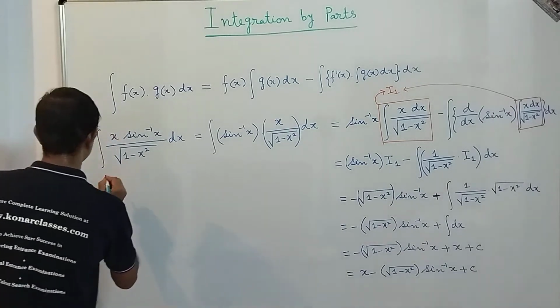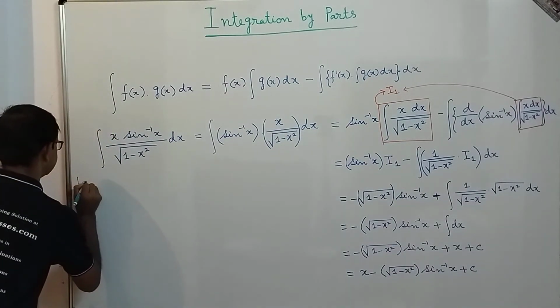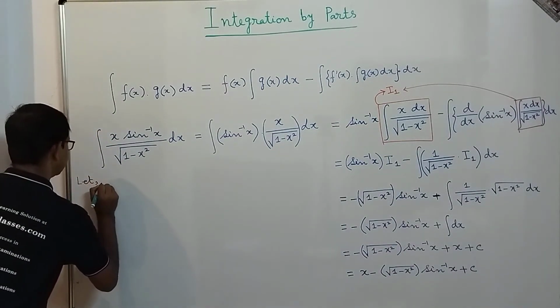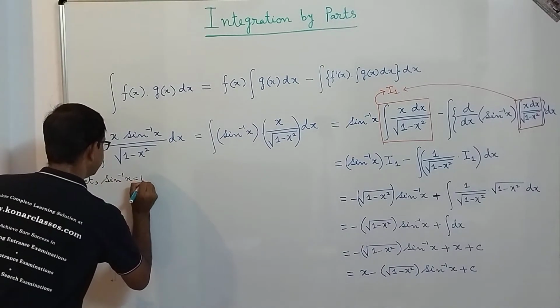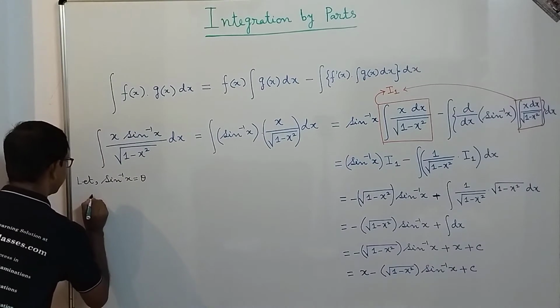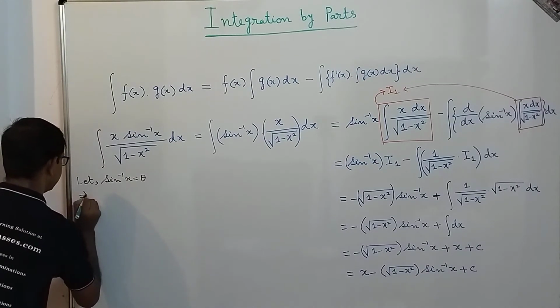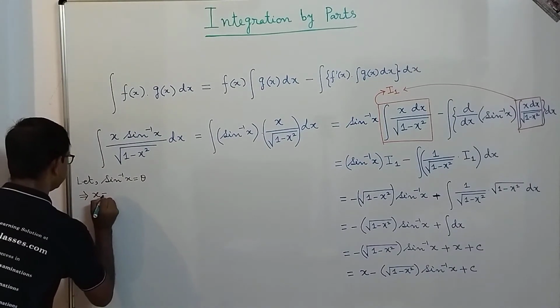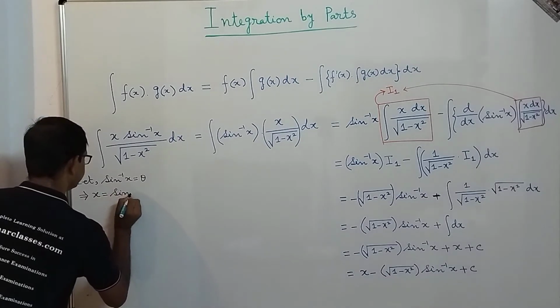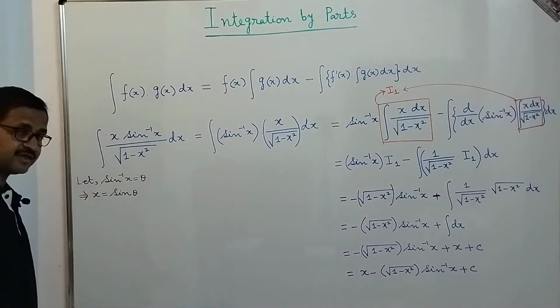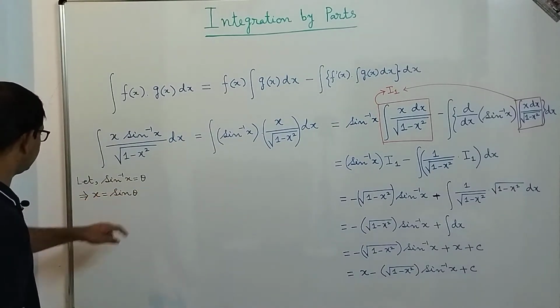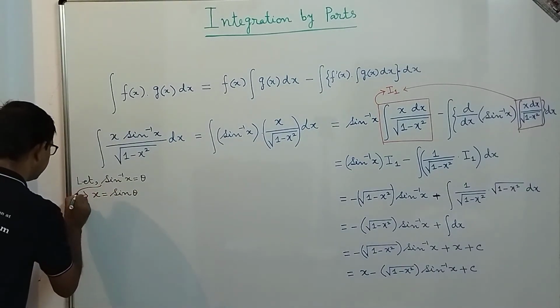So for this integration, let sine inverse x be equal to theta. That implies one thing we know, that x is equal to sine theta, correct? And also if we differentiate both sides of sine inverse x equal to theta, then what do we get from here?